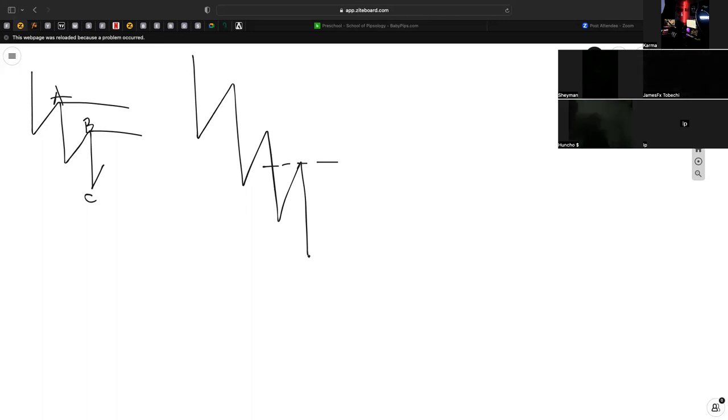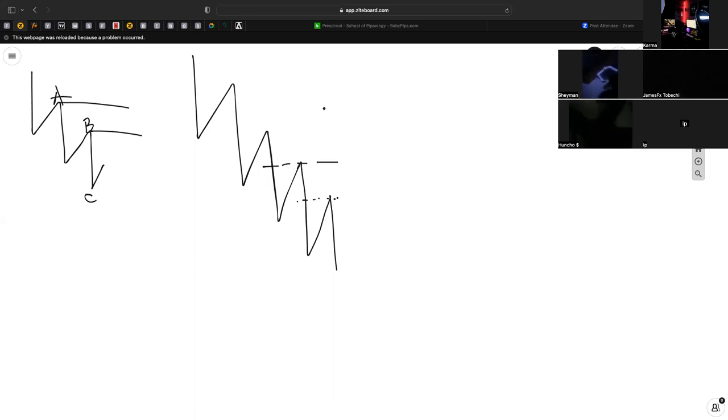So if the market gets to 50% right here or above, anything at or above 50%, that is a complete pullback. That theory is actually very, very right. But like I said, always in learning, think about the variables that can make this not work, even if this thing happens.